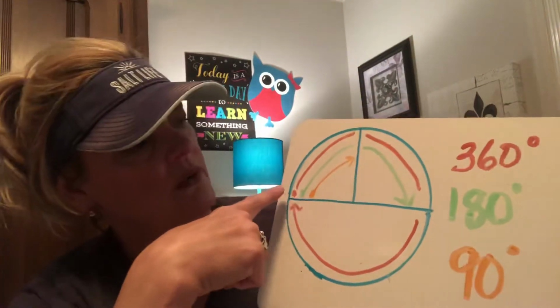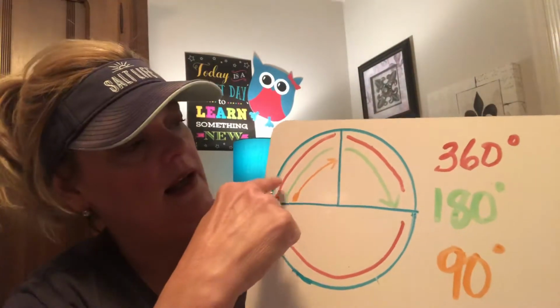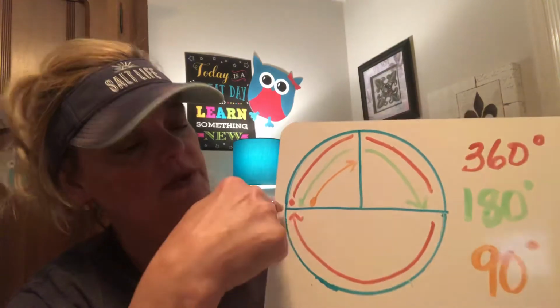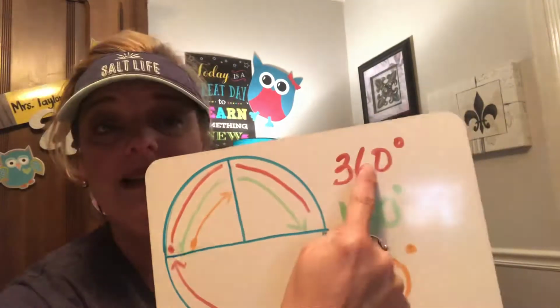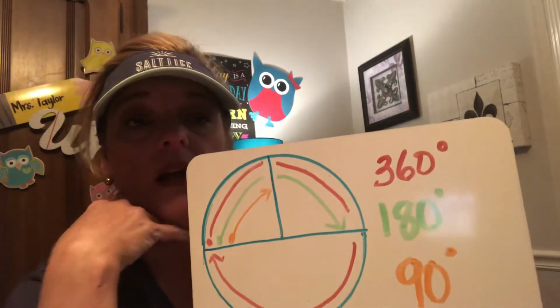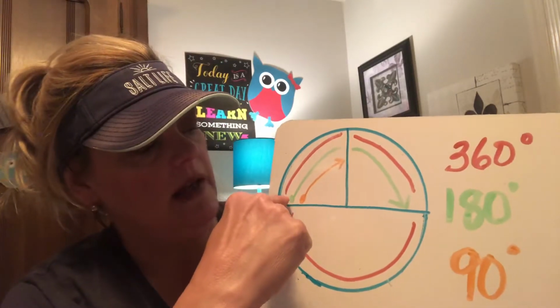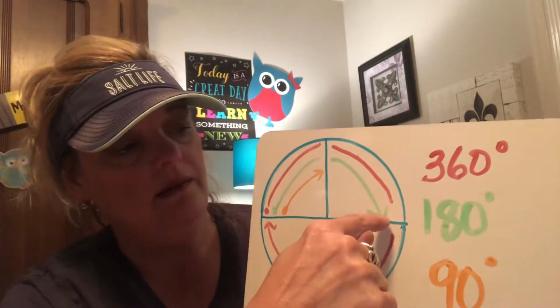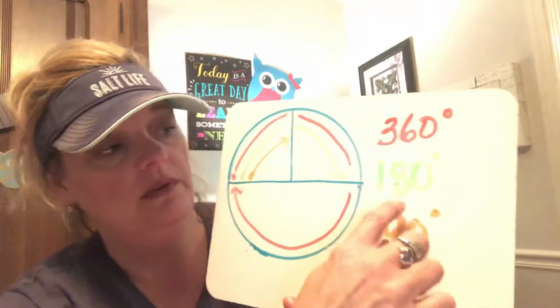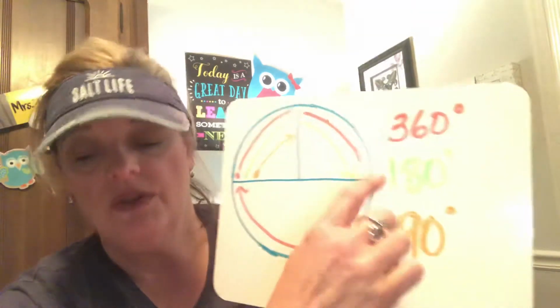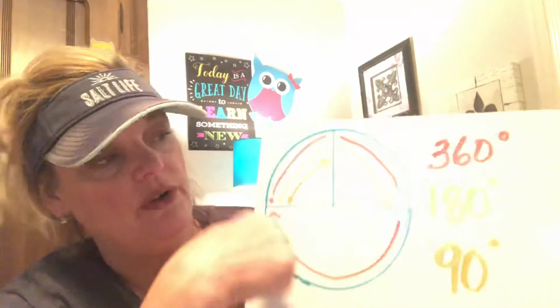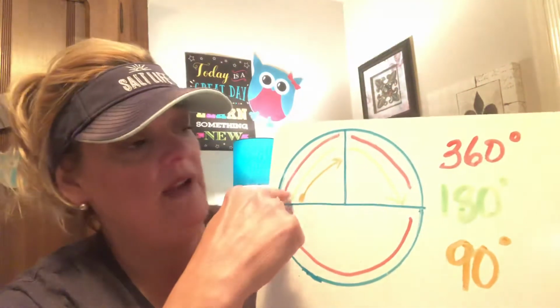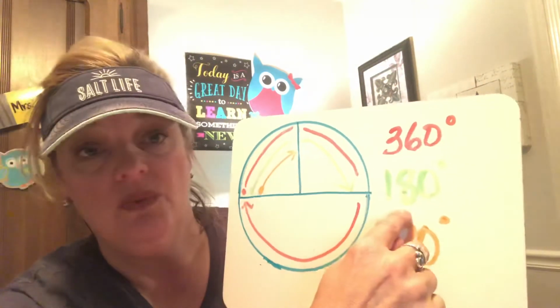If I start with the red and I go all the way around the circle, it's 360 degrees. If I start here and I go halfway, half of the circle, okay? So I have a full turn, which is 360. I have a half turn, which is 180.